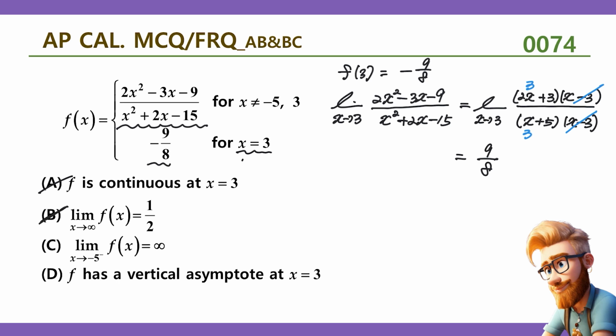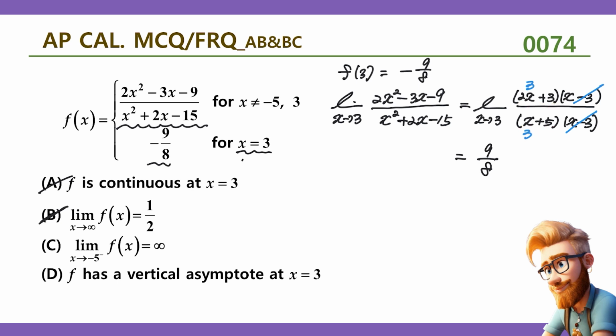Does that make sense? Okay, answer choice C: the limit as x approaches negative 5 from the left-hand side of f of x is equal to infinity. Let's see if this is true. The f function is right here, and we simplified it. That is equal to 2x plus 3 over x plus 5.